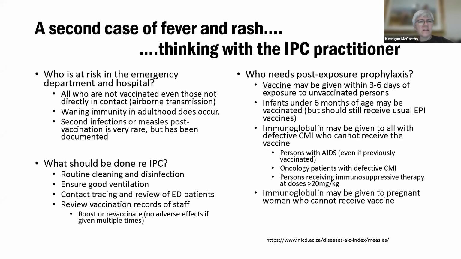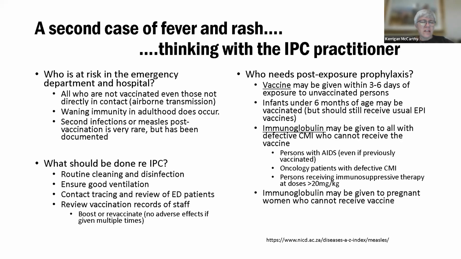And of course, because measles has such a high effective reproductive number, anybody who's not vaccinated will be at risk, even those who are not directly in contact. There is a small proportion of people in adulthood who experience waning immunity, and therefore it does make sense to offer healthcare workers a measles booster, particularly during an outbreak context. This is something that can be arranged with the hospital infection control focal point.